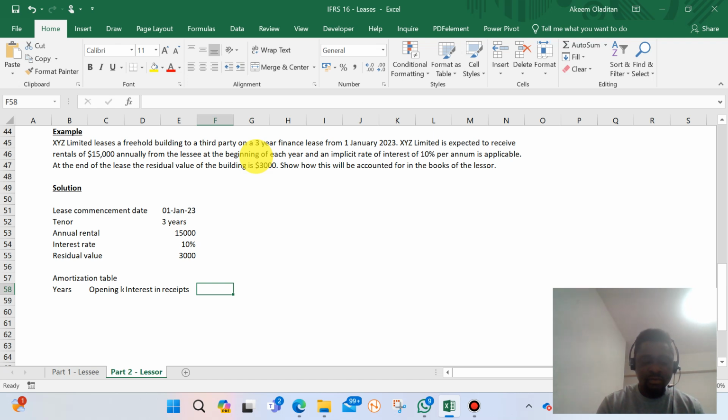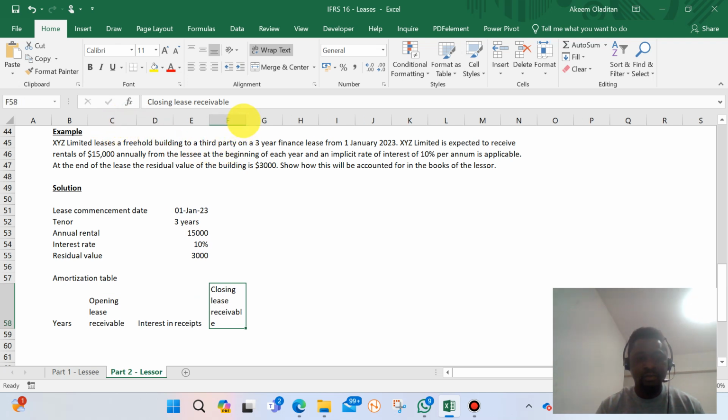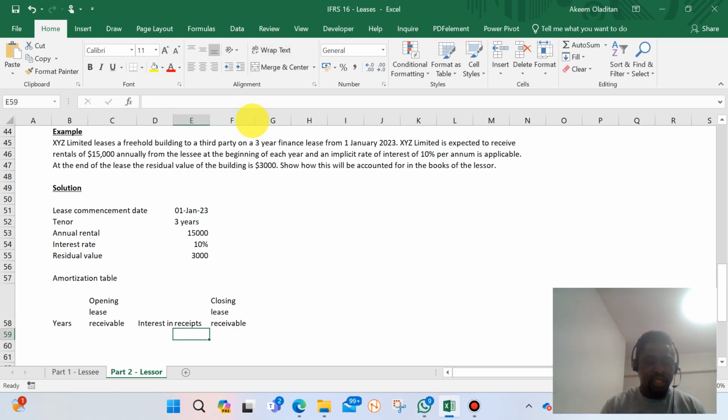Then closing lease receivable. Okay, so if the payment will be received at the beginning of the year, what we need to note is that we start from year 0, because at the beginning means before year 1 starts, I mean before the lease payment in year 1.